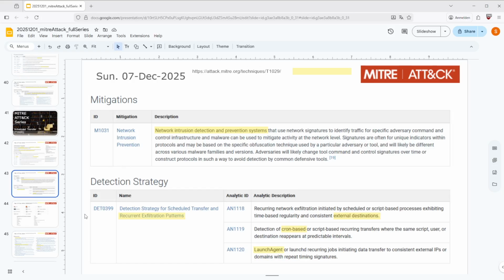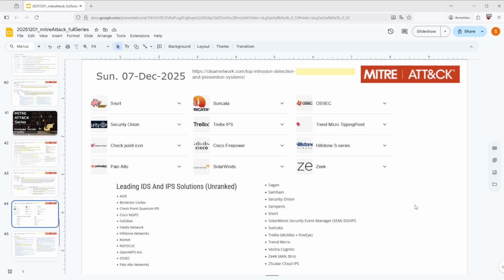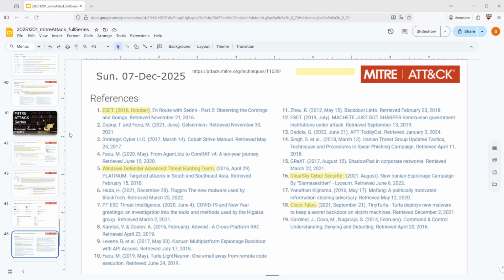So if you have a SOC or if you are a security officer, and you need to make a recommendation to improve security posture, well, network intrusion and prevention systems. We looked at examples for such systems to recognize some names or to know what to look out for. And we know now some of the reference sources that we might take a look at as well. I think that's a good, not quite 20 minutes overview of the video.